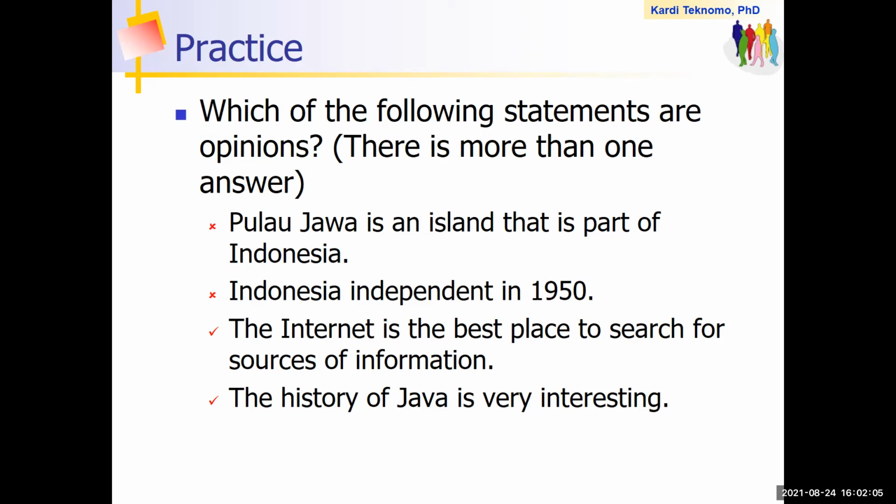Fact can be wrong. So this is wrong, but this is fact. Okay. Internet is the best place to search for sources of information. Opinion. Okay. So the last one, history of Java is very interesting. Opinion. Yes, you're good.